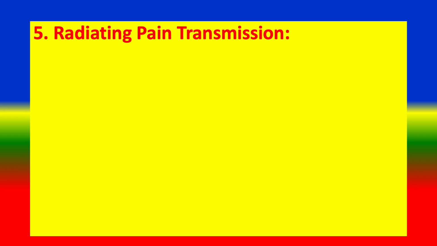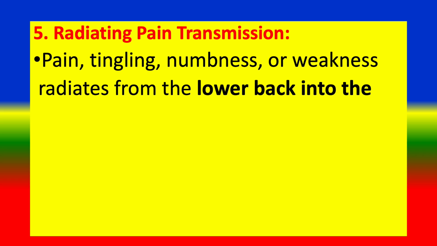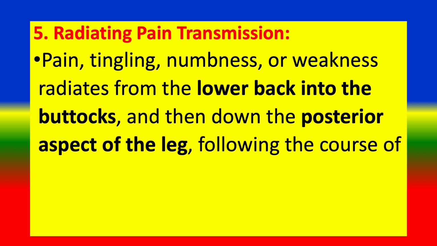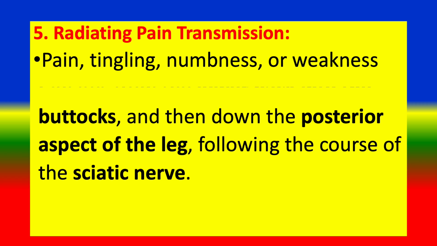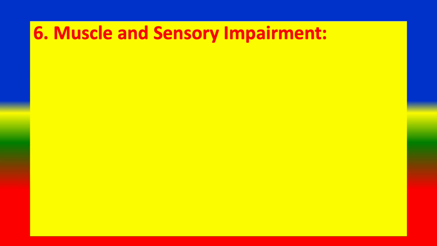5. Radiating pain transmission. Pain, tingling, numbness, or weakness radiates from the lower back into the buttocks and down the posterior aspects of the leg, following the course of the sciatic nerve. 6.